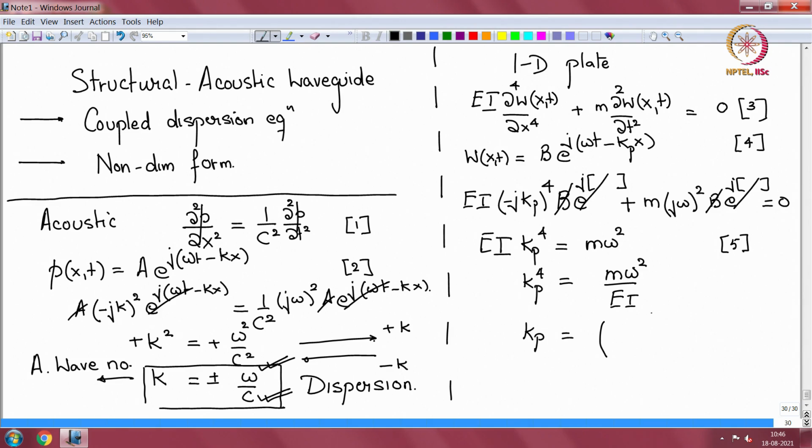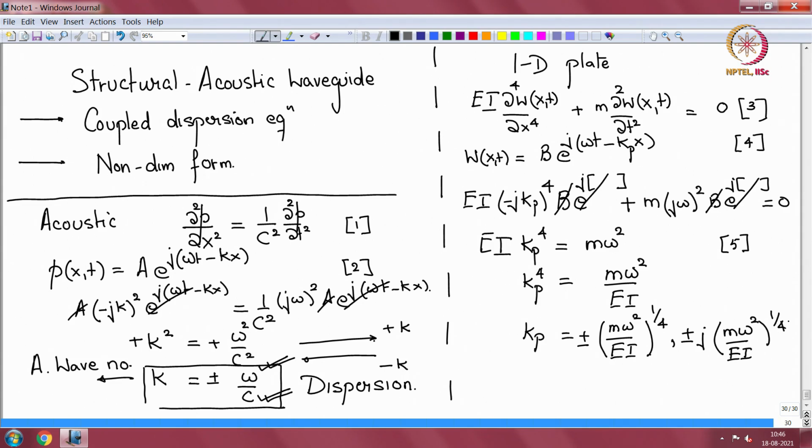this will have 4 roots. Okay. So, let us say m omega square by EI to the 1/4, plus or minus, and I have plus or minus j m omega square by EI to the 1/4.